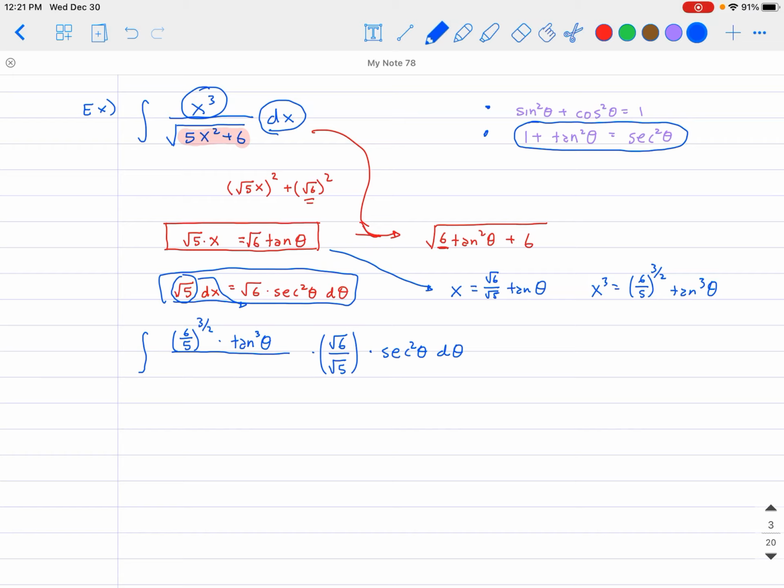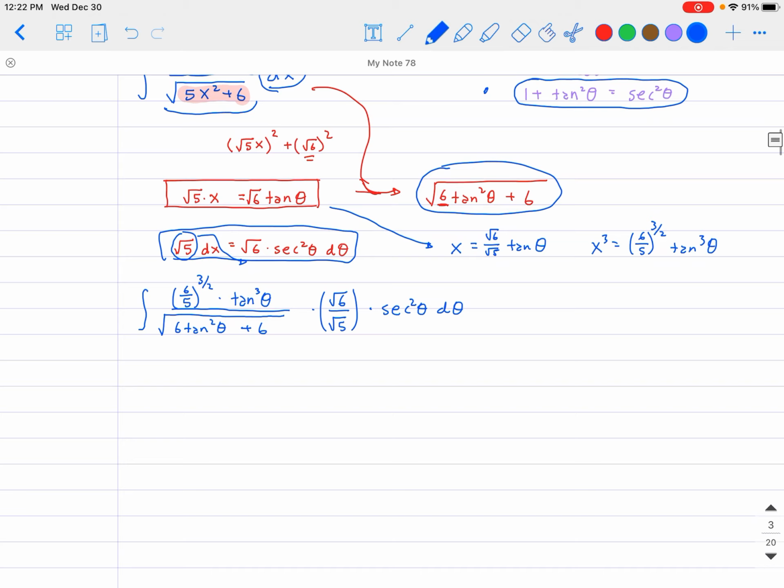Now let's look at the denominator, this big nasty part that I was going to replace. Well, earlier we said that that's where this guy is going to come in. So that's going to be my replacement. So it's going to be the square root of 6 times the tangent squared of theta and then plus 6. Now we're going to go ahead and clean up using algebra and hopefully it does come out nicely.